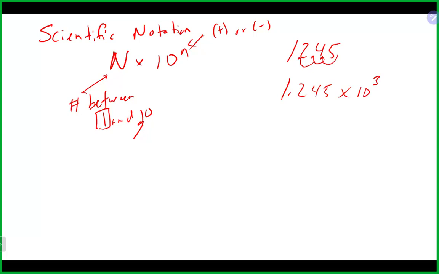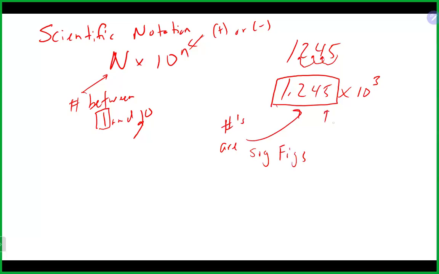Once a number is written in scientific notation, all of the numbers that come in front are significant figures. So these are all sig figs. This number would have 4 significant figures the way that it is written. If it's written in scientific notation, we always look before the times 10 part.